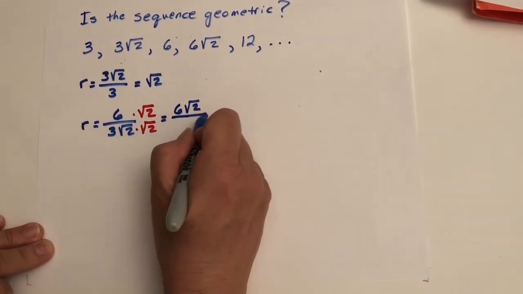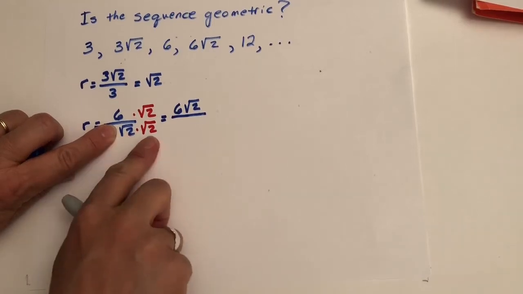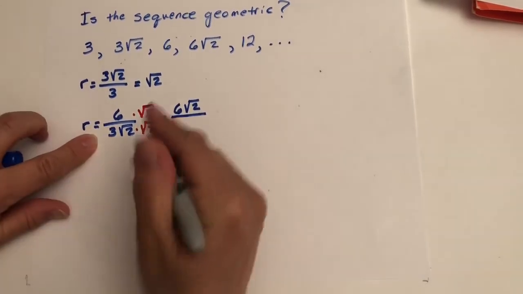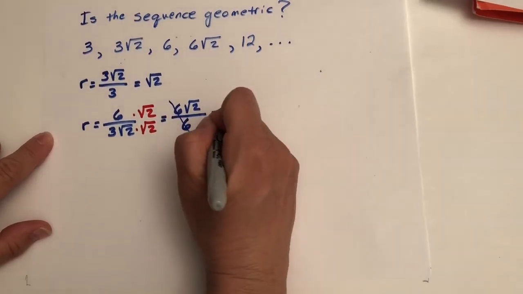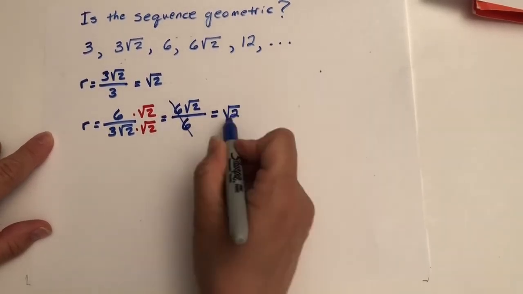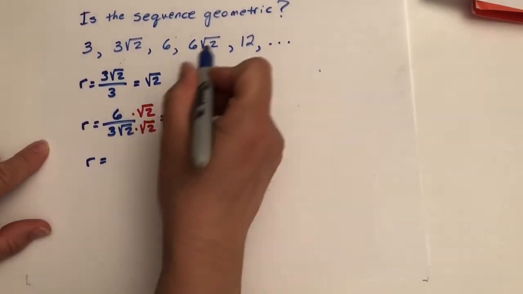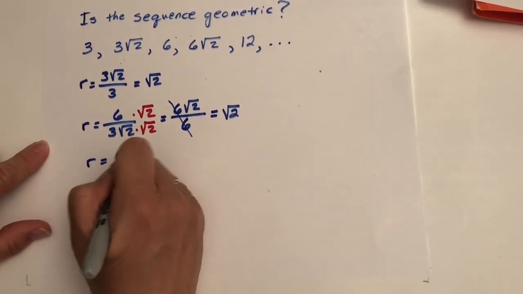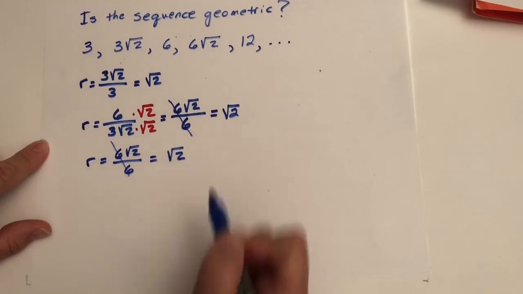And in the denominator, I have square root of 2 times square root of 2, which you know is 2, times 3, which is 6. Those 6's cancel, and we have the square root of 2 again. And you can continue. 6 square root of 2 divided by 6. Those cancel, and we have square root of 2.